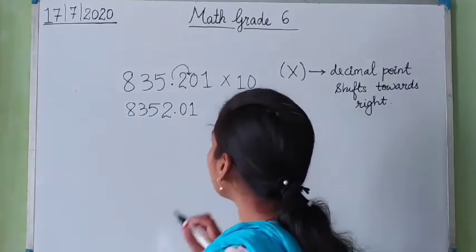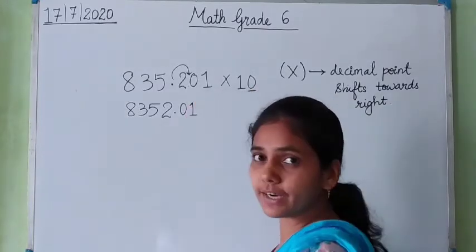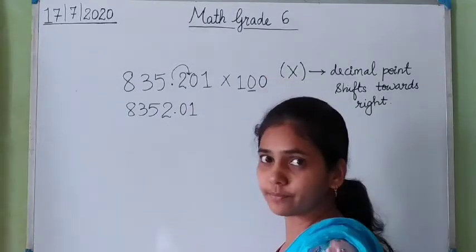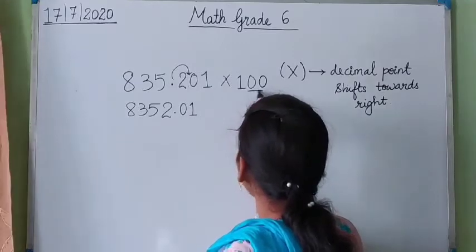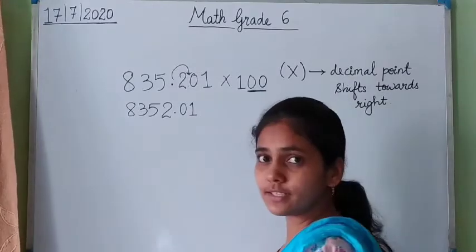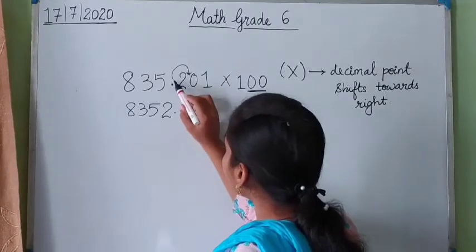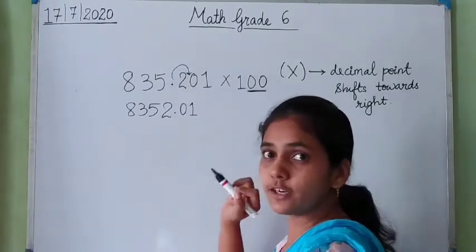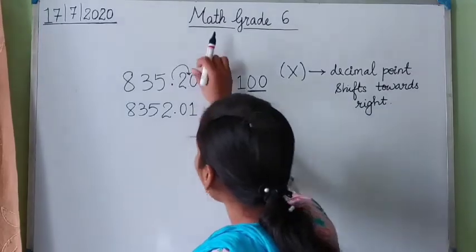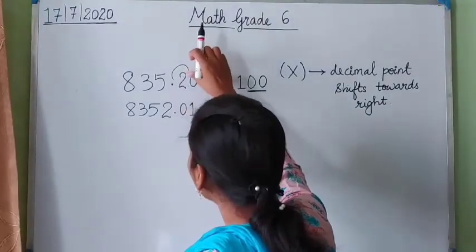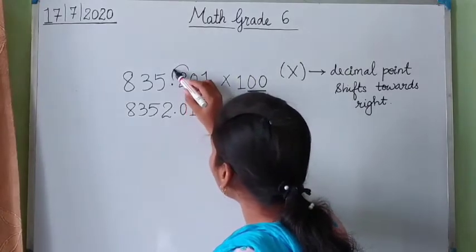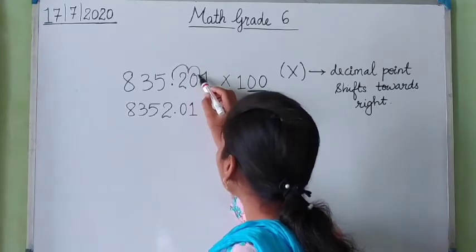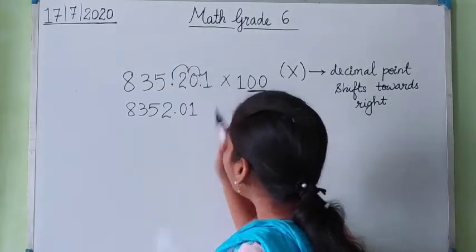Now next we see if we multiply the same number by 100. How many zeros does 100 have? 100 has 2 zeros. So the decimal point is going to shift towards the right by 2 places or 2 digits. This is the first place, and then the second, so the decimal point is going to come here.